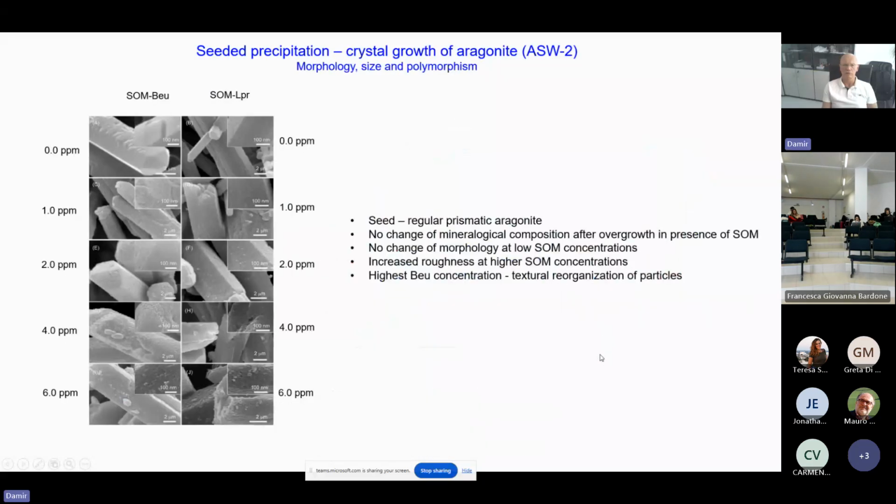The results of morphological investigation of seeded precipitation are shown here. So we have addition of increasing concentration of organic matter from Balanophyllia and Leptosammia. Initially, in the system where there is no additive present, we observe regular prismatic aragonite crystals.